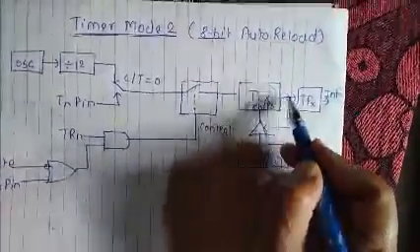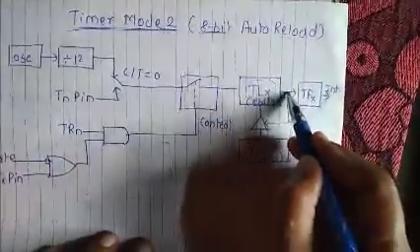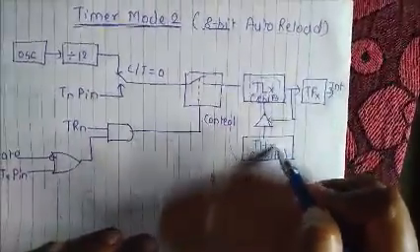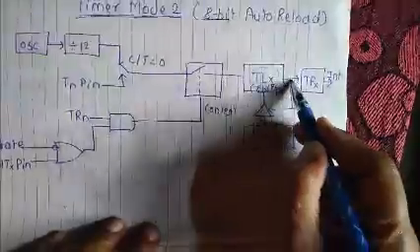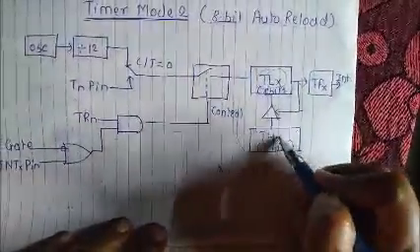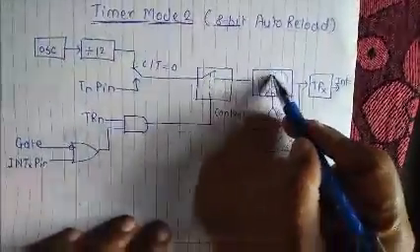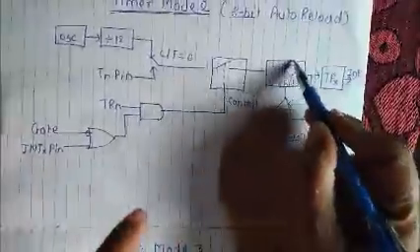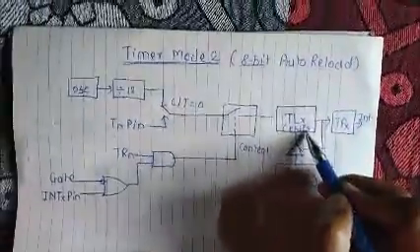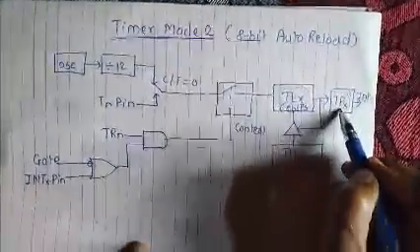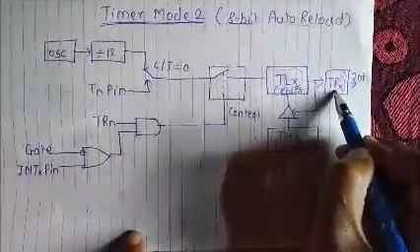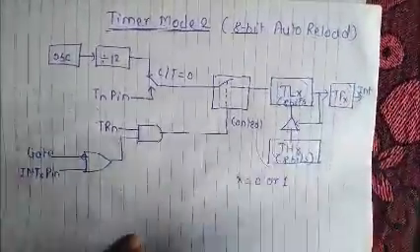When it overflows from 8 bits, it is automatically reloaded through THX. When it exceeds the value, the value is saved in THX, and after that TLX is cleared and automatically gets the new 8-bit value. This is the TF, which is used as the timer overflow flag, where X stands for 0 or 1.